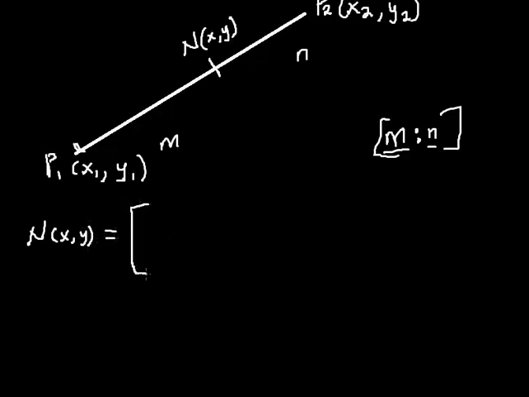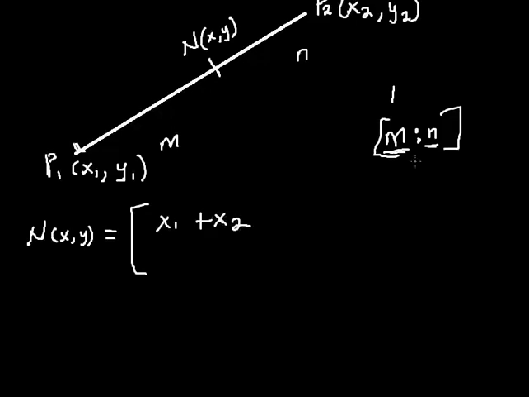Now remember, the same way my coordinate is an ordered pair, ratio is also an ordered pair. So if I want to divide this into the ratio m is to n, I will have x1 and x2 in order.